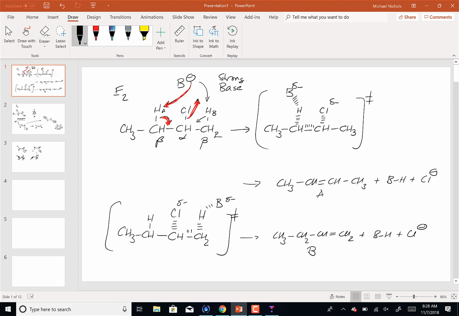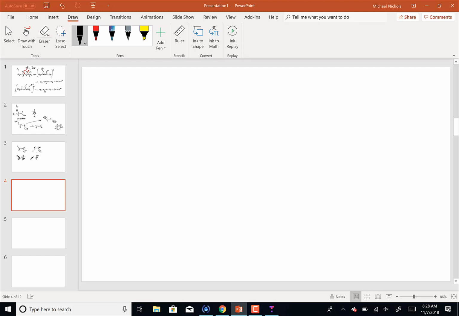And your question should be, on what? What does it depend on? Well, it's going to depend on the base. So now let's talk about bases. Because so far I just said, oh, B minus. But we have some choices of B minus.